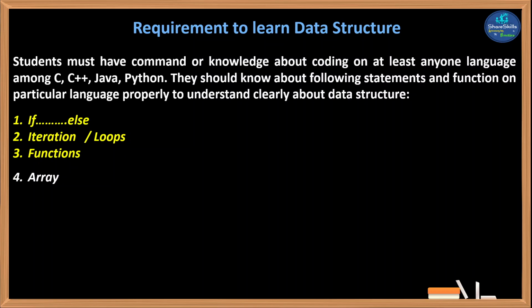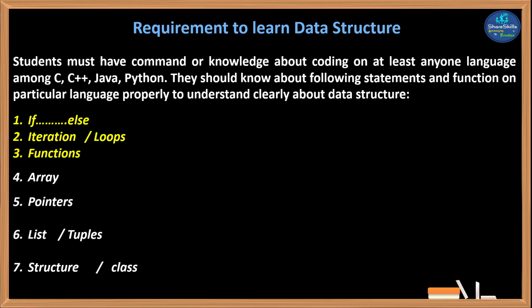And next is arrays. If you are using C and C++, you have to know about arrays, and even in Java. Pointers as well, if you are going further with C and C++. And lists and tuples you also have to know if you are using Python.